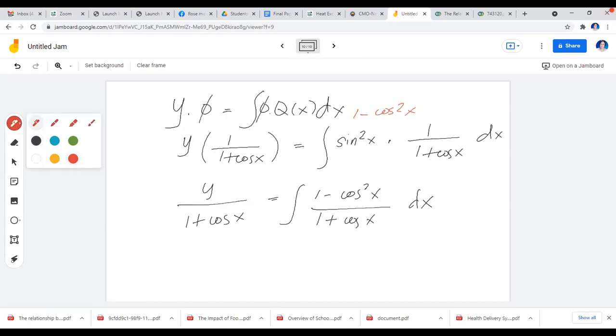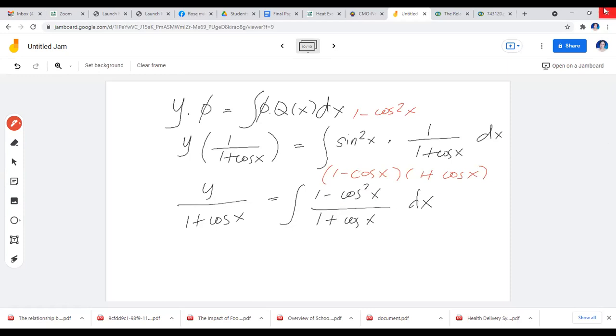The identity that will help you simplify the given integral is from your trigonometry: 1 minus cosine x and 1 plus cosine of x. If you multiply these two, the answer is this one.